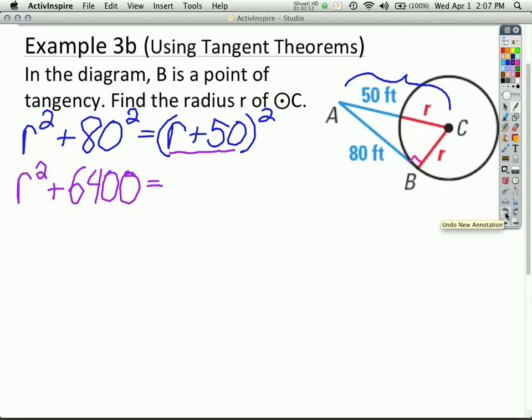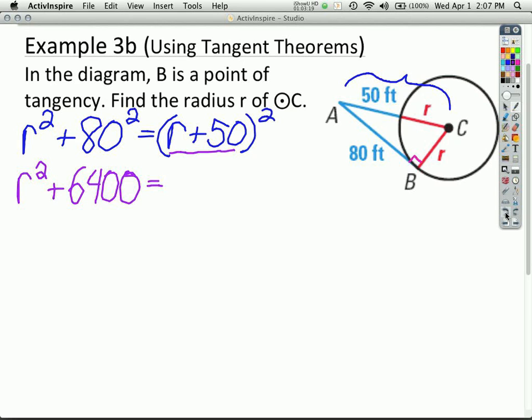Right. So can't you just make the equations, since everything is squared, just r plus 80 equals r plus 50? No, you can't do that at all. It seems like that would work, but it doesn't work at all. In fact, it doesn't work in lots and lots of cases.